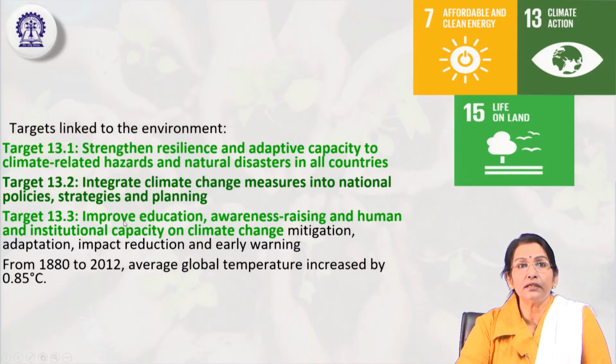And the next target, again regarding education, is how to improve education awareness raising through different workshops, information channels, media, communications and institutional capacity on climate change mitigation, all kinds of adaptation, impact reduction, and early warning.